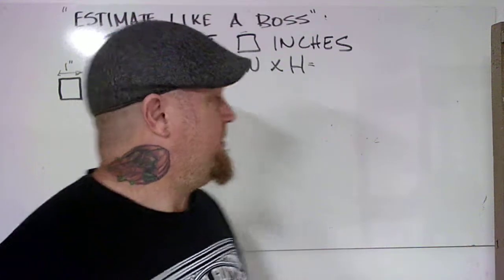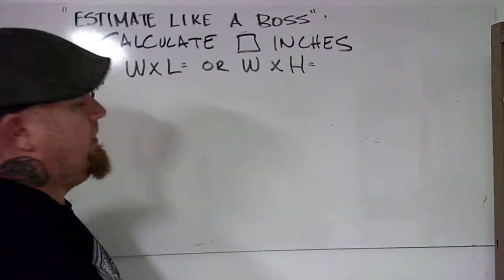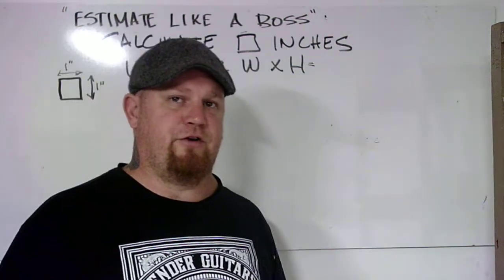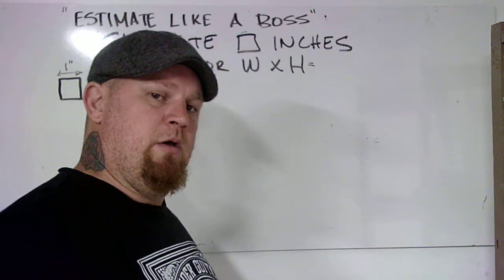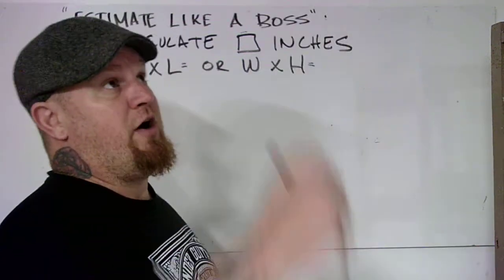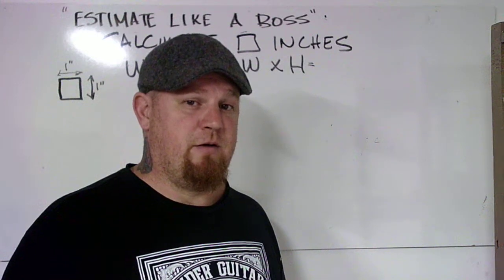Or in this example, width times height, this is great for estimating paint. We would measure the total width of the wall, then measure the total height of the wall in inches and multiply them together to figure out the square inches.